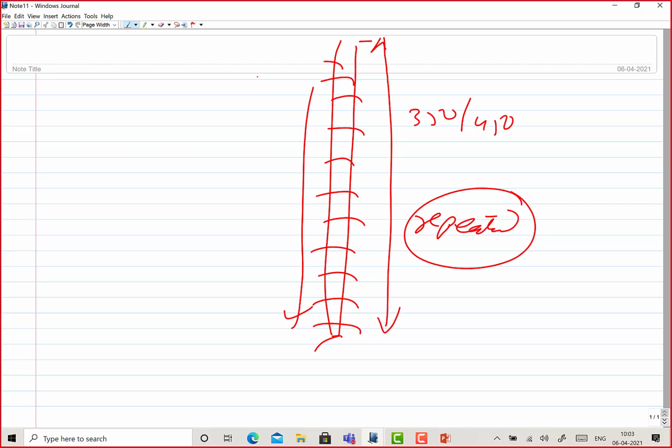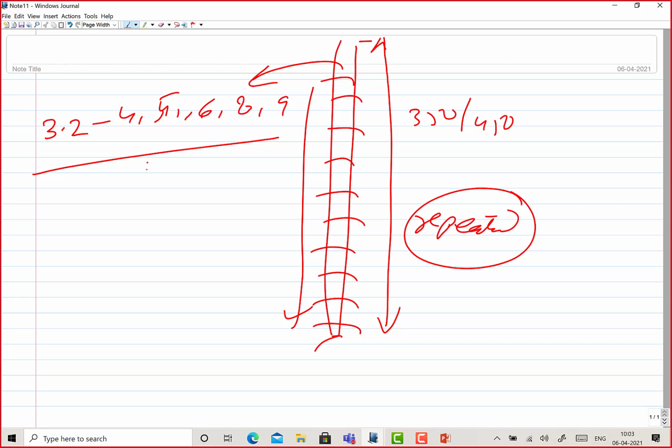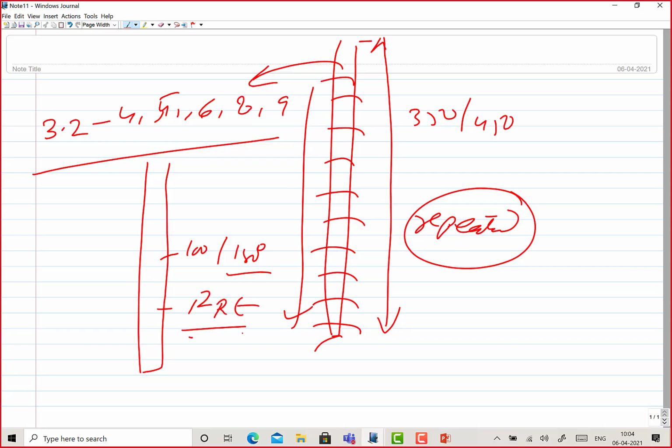These electrodes are usually found in diameters ranging from 2.5, 3.2, 4, 5, 6, 8 and 9 mm. Through a small diameter electrode, if you use a current of say 100 or 150 amperes, it can sustain, because I squared R T heating will also be taking place through the electrode.